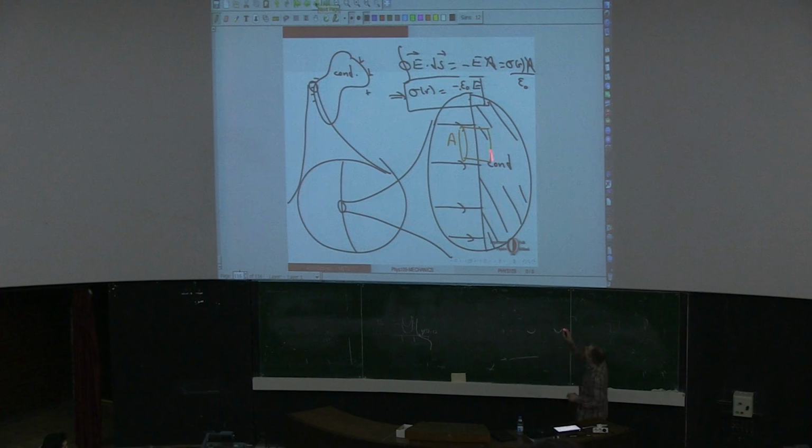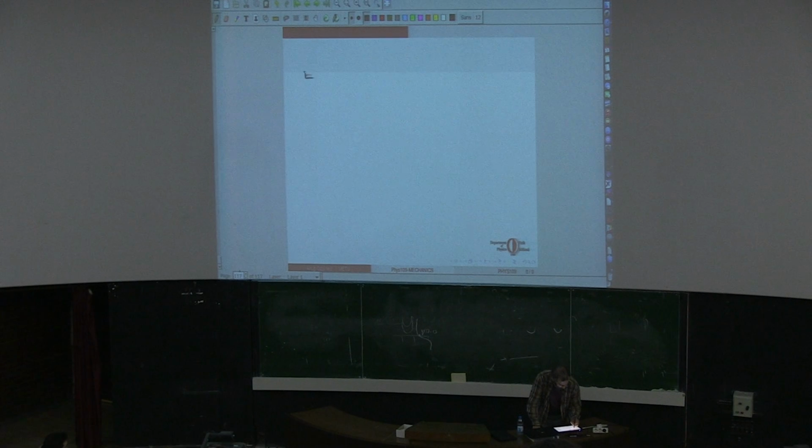Well, it's just a means of showing this minus sign. You see here, the electric field is perpendicular. E is the magnitude of the perpendicular electric field. So if you calculate E dot n, E dot n is E magnitude times magnitude of n times cosine of the angle between the two.